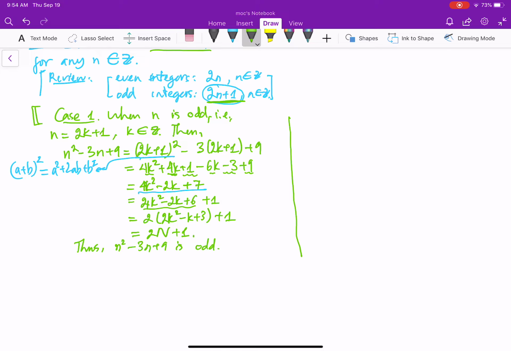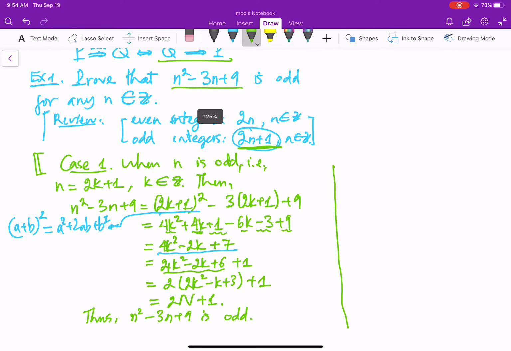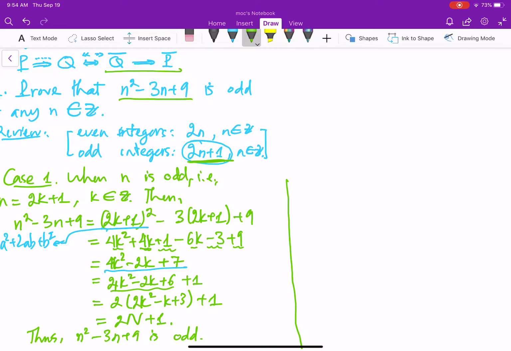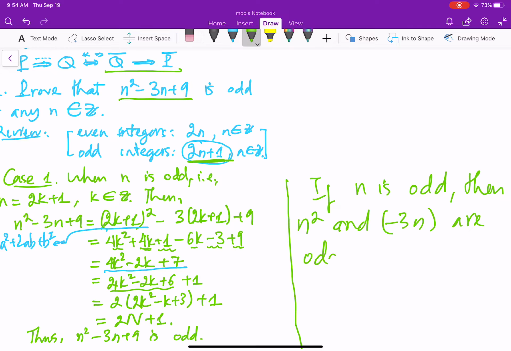In case 1, where n is odd: if n is odd, then n squared and minus 3n are odd. Is it correct? The square of an odd is odd. Minus 3, 3 is odd. The product of two odd integers is an odd one.